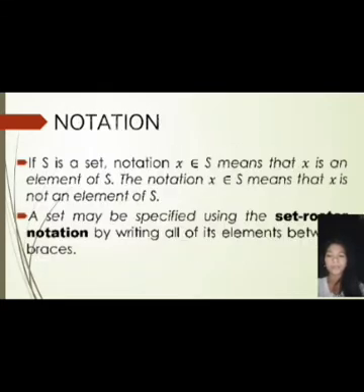Notation. If S is a set, the notation x is an element of S means that x is an element of S. The notation x is not an element of S means that x is not an element of S. A set may be specified using the set roster notation by writing all of its elements between braces.